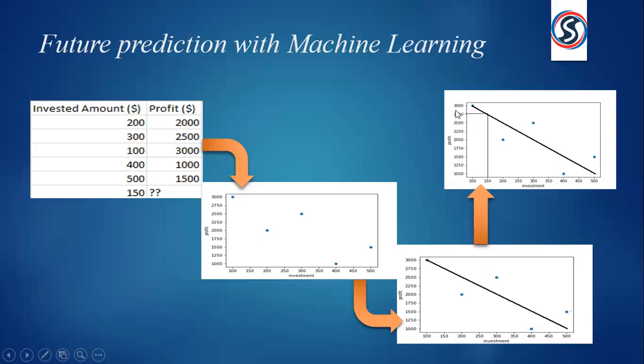Then the amount I get is around 2750. So my predicted profit if I invest $150 in future will be 2750. This is a very simple example.